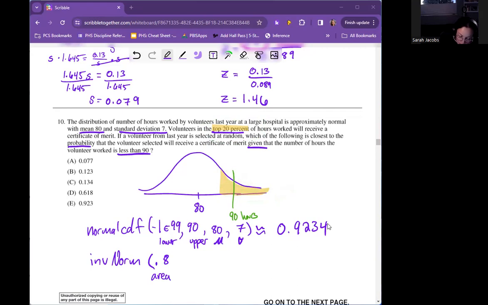And again, that's because we want the spot where 20% is above and 80% is below, because that's what adds to 100. Since our calculators give us what's to the left, 80% is what's to the left of that point. The mean and standard deviation, 80 and 7.